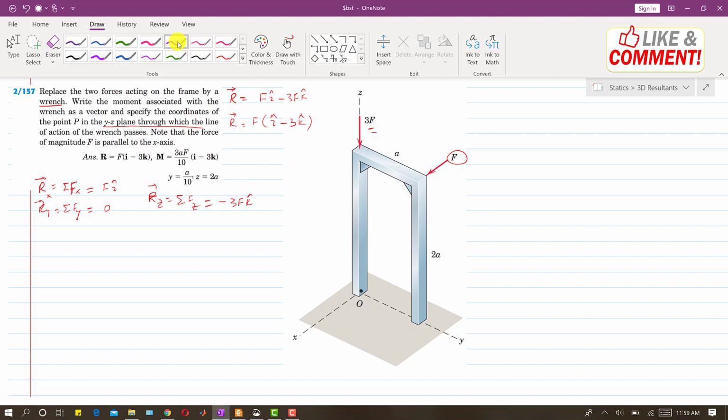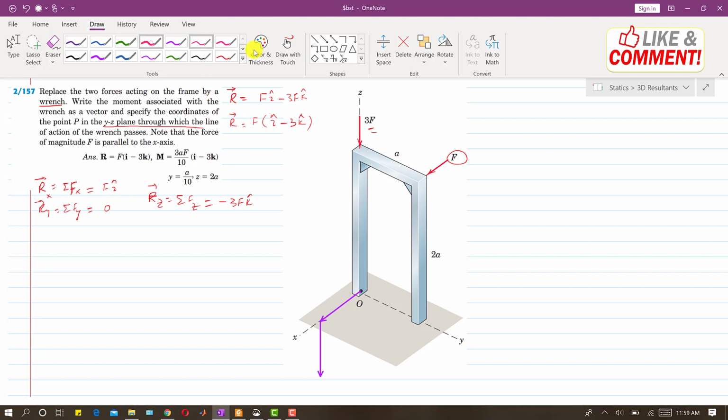So if I represent that resultant here at this point O, it has one component in the x direction and one component in the negative z direction, right? So let's say that this is that component which is acting in the negative z direction. So the resultant will be like this. The resultant will be from the tail of the first to the head of the last vector. These are the components, right?